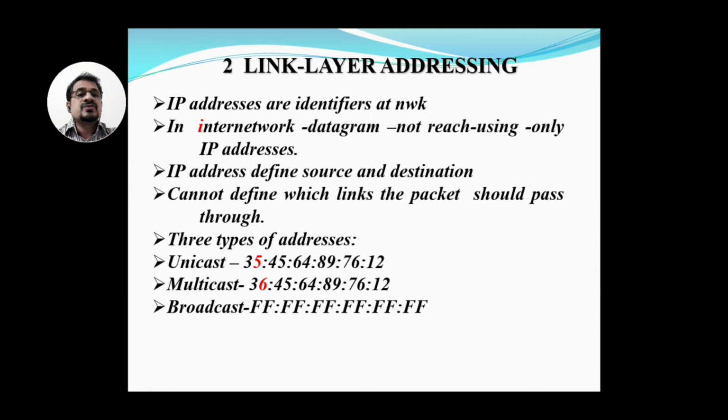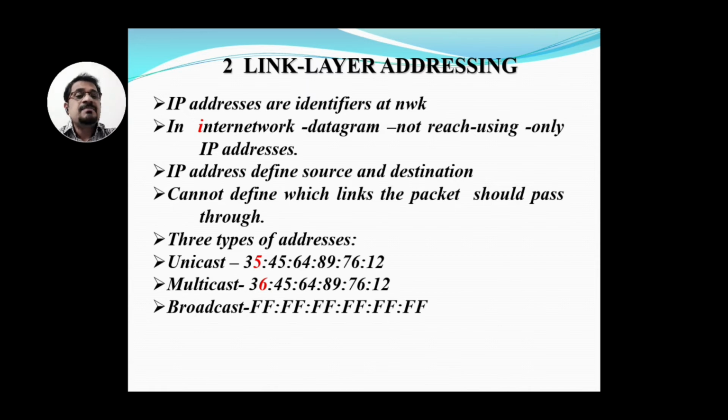It means that in an internetwork, if it is mentioned with a small i, that is going to be an intranet. In that internetwork, the datagrams are not able to reach the destination point with the help of only the IP addresses. In this situation, it must require some link addresses, as well as some MAC addresses also.